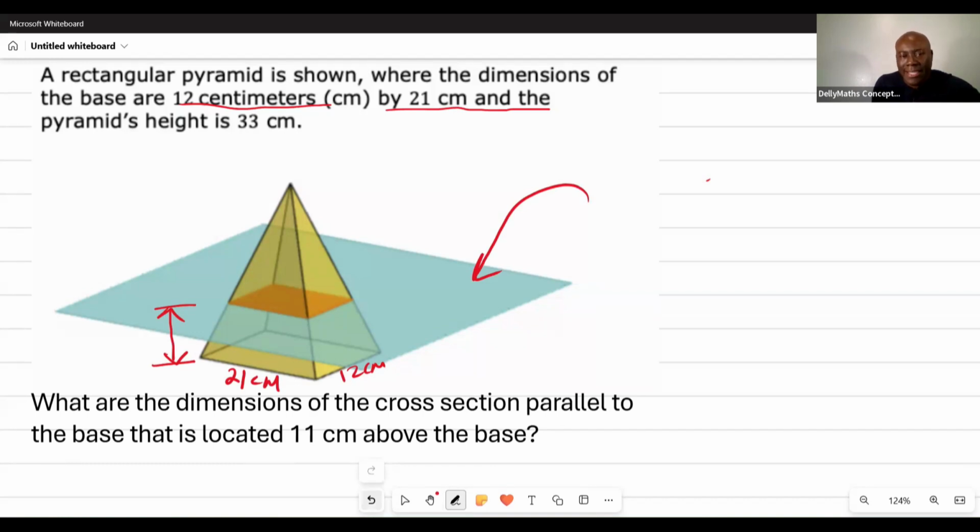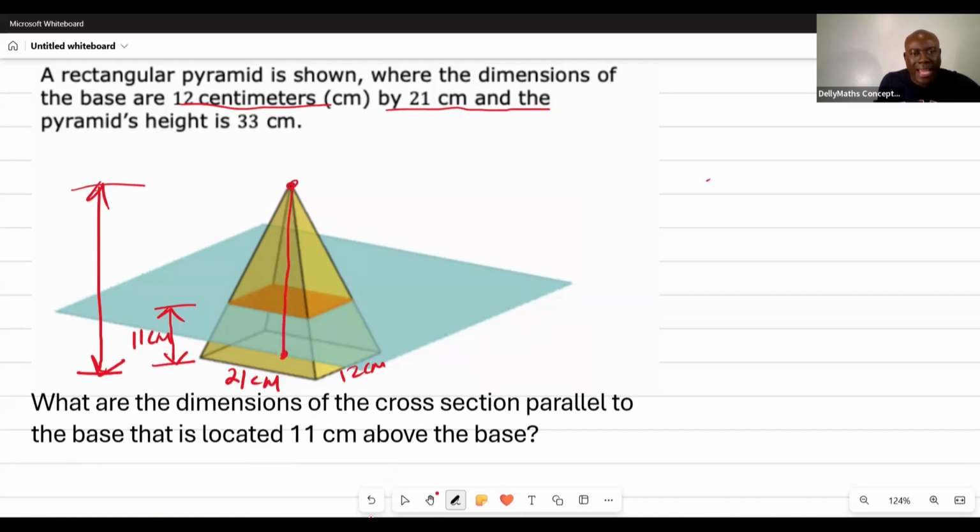It's a horizontal slicing, and it's 11 centimeters above. Another piece of information that we got was that the height of the pyramid here was 33. So from this highest pinnacle touching the bottom here, that's 33. So I'm going to put it at the side right here.